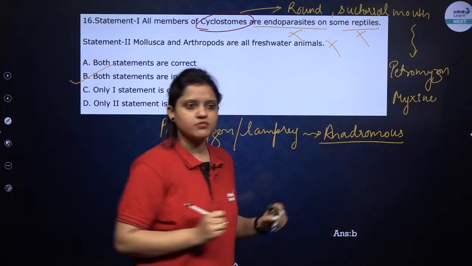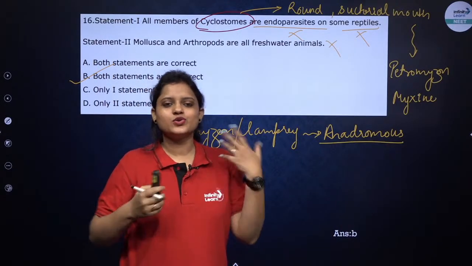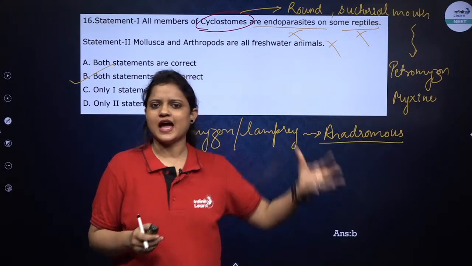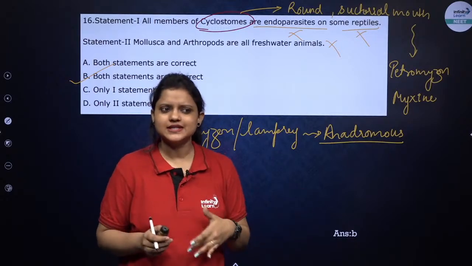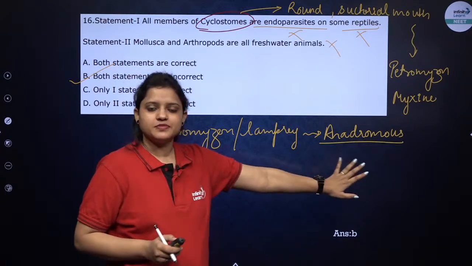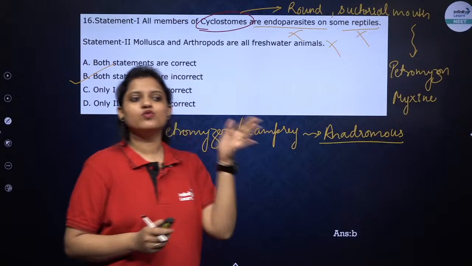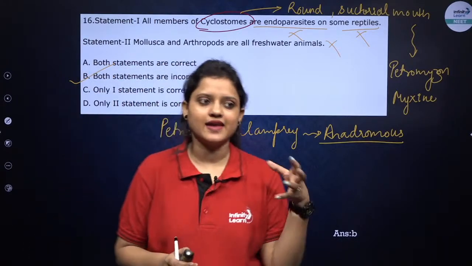And what is anadromous behavior? Arthropoda कब water में रहने लगे? Arthropoda lives in water also. So are you forgetting crabs, prawns? These are arthropods and they live in water, isn't it? Recall. Fine. Now anadromous behavior means they live in the sea but they move to fresh water for spawning. Spawning means laying their eggs.